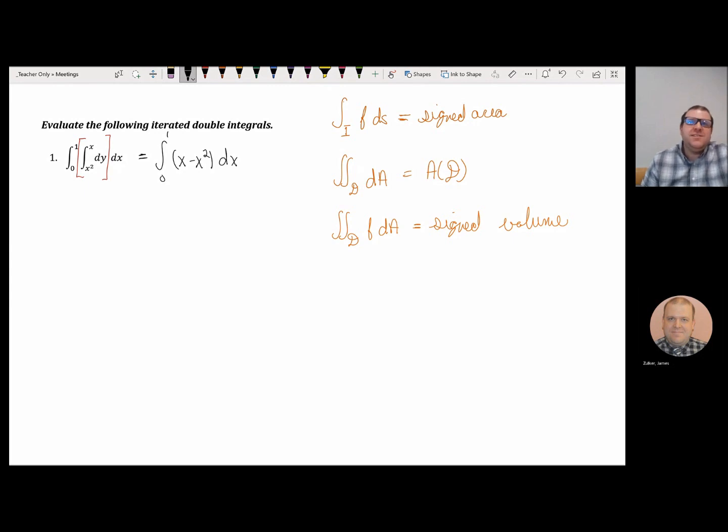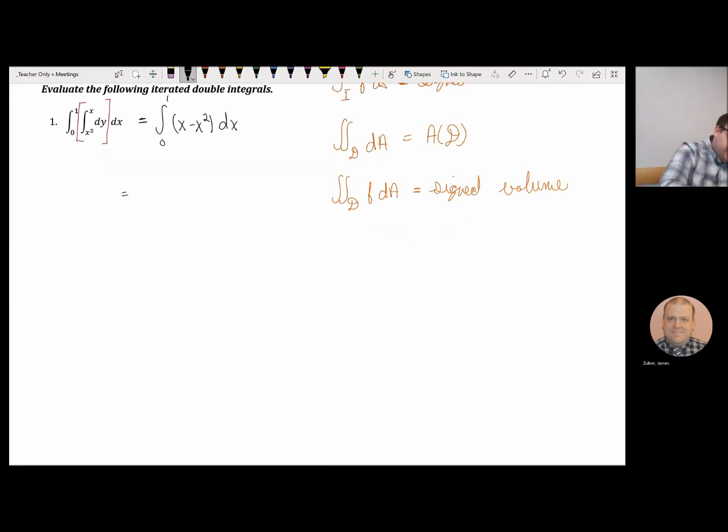Then we go 0 to 1 of x minus x squared with respect to x. Well, that's calc 1. I'm not even going to write it out. X squared over 2 from 0 to 1 is a half. X cubed over 3 from 0 to 1 is a third. So a half minus a third is 1/6. So that iterated integral is a sixth.